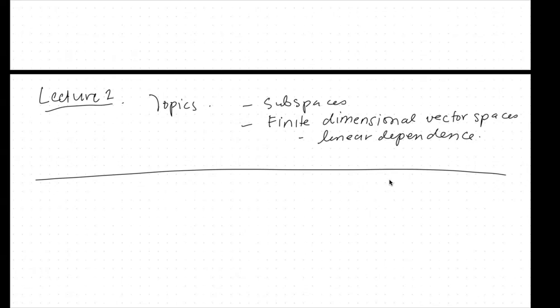We have the subspace. We have a special subspace, the direct sum, and the sum. And then we go to finite dimensional vector spaces, and we will maybe touch the notion and theorems on linear independence in preparation for the discussion next time on basis and dimension.